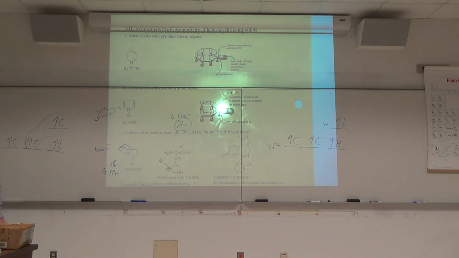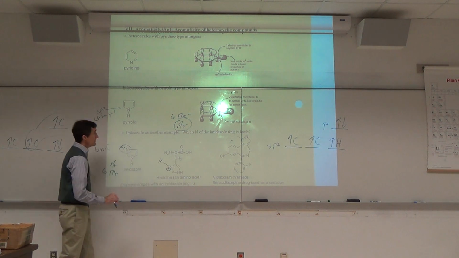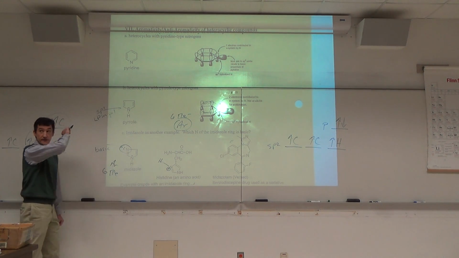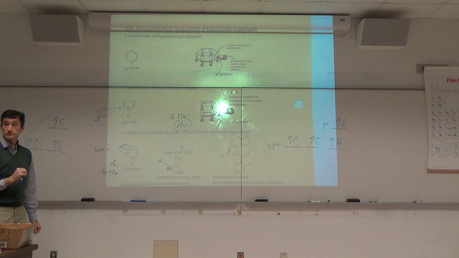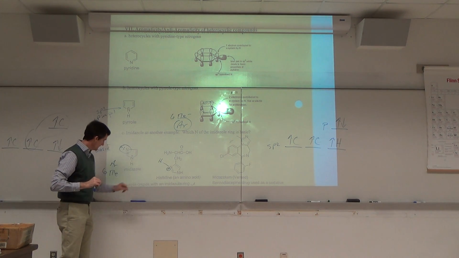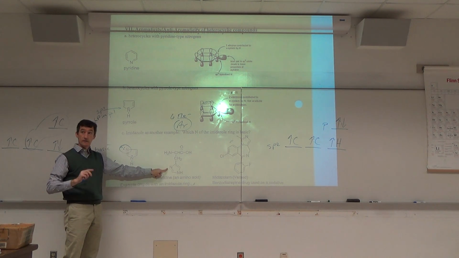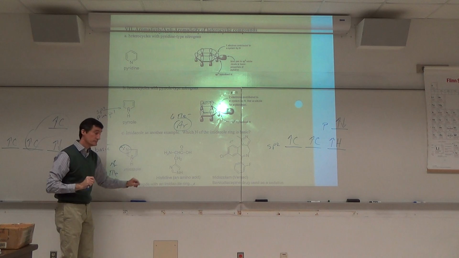I would have said 7. So that looks like a pyridine. The pKa of pyridine is 5. Since this is quoted as 6, is this more basic or less basic than pyridine? More basic. Yeah, it's a little bit more basic than pyridine.